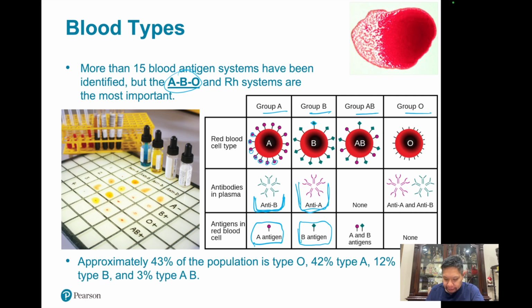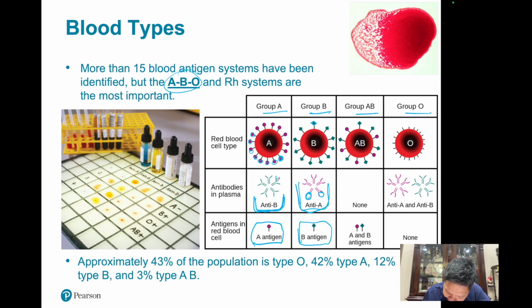The thing I want you to notice here is that the A antibody has this little circular part right here. These little circular parts fit perfectly and attach to the antigens that are on blood type A.